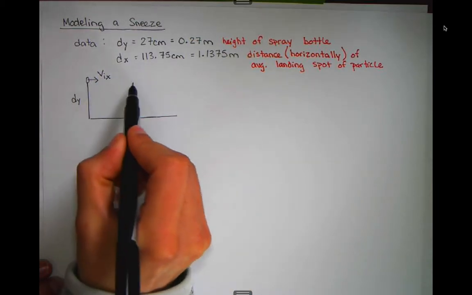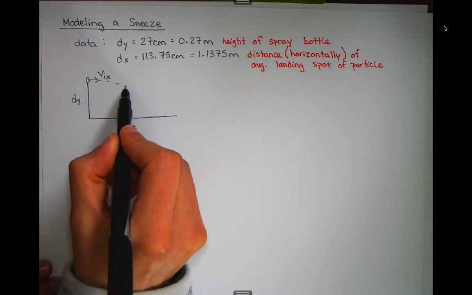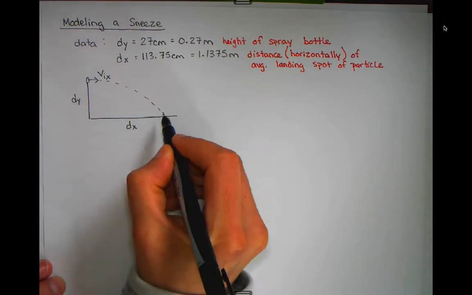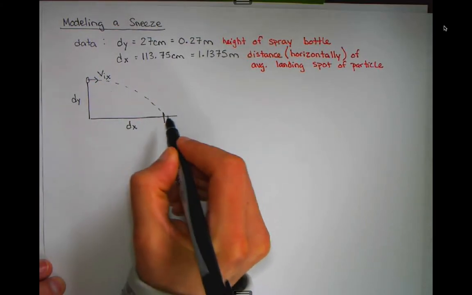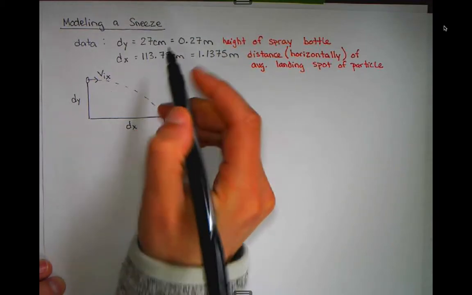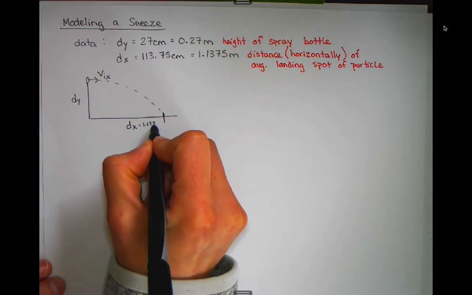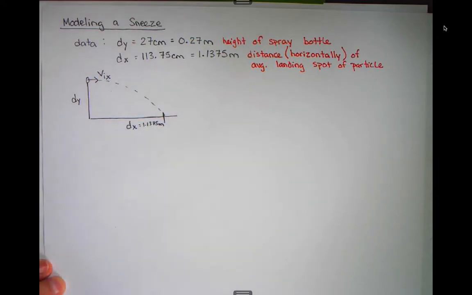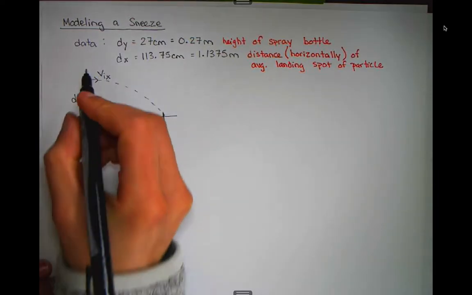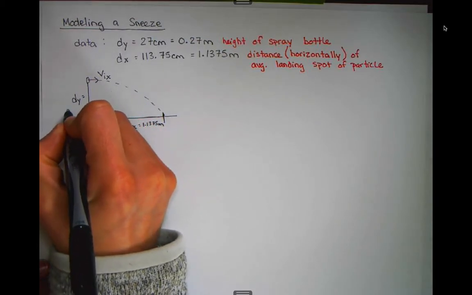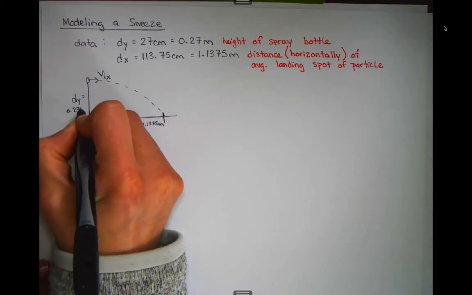When they come out, they're following the path of a projectile and they land somewhere over here, where in my data that distance is 1.1375 meters. And my dy in my data is 0.27 meters.